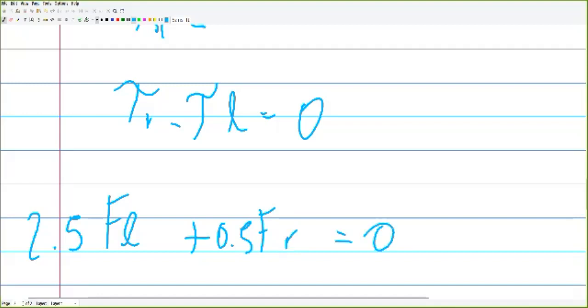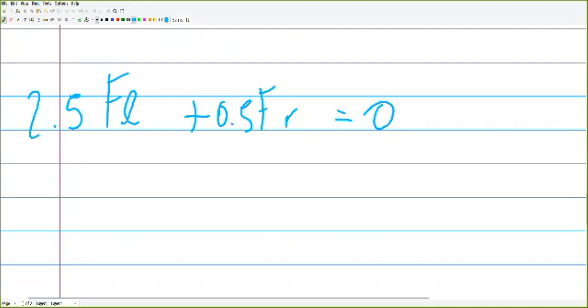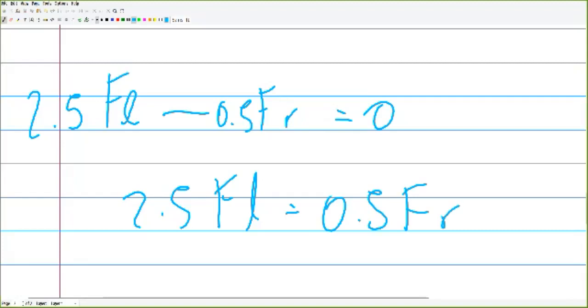Well, that's equal to 0. So this is a minus. And so 2.5 FL, well, that's 0.5 FR.